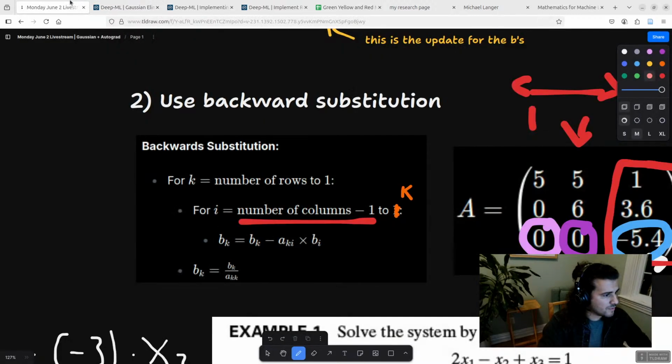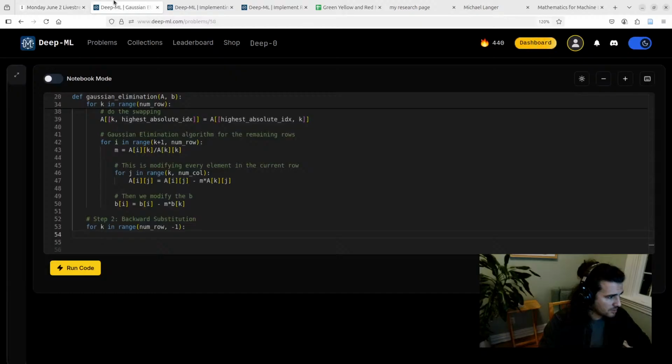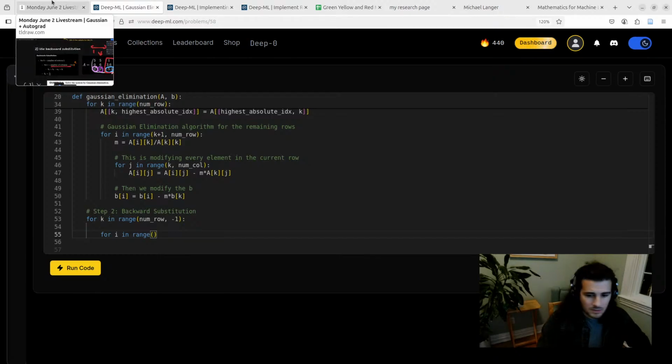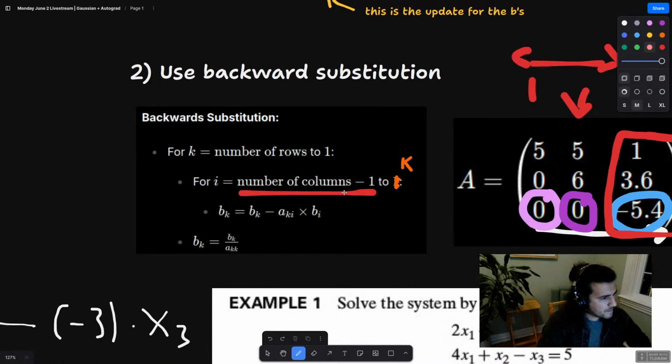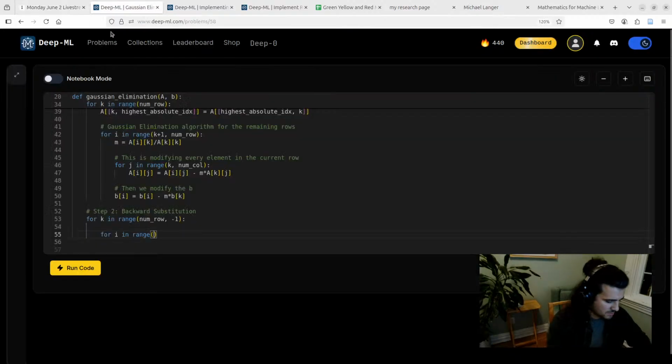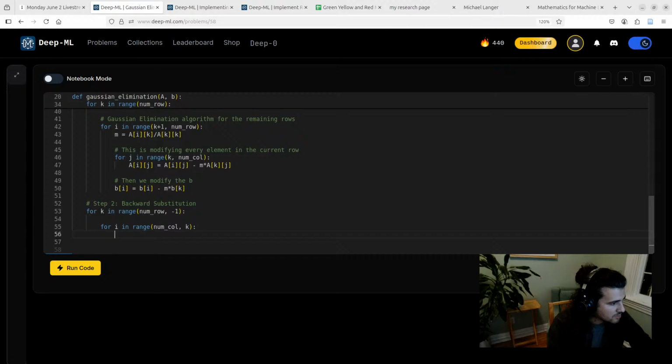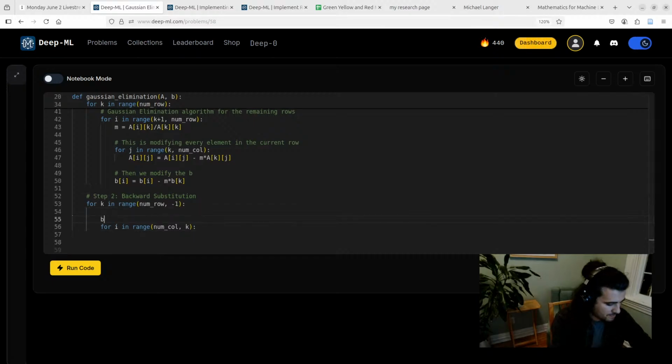We're going in reverse order, and then for i in range num column to k. I do think this is what we're gonna do. And we're gonna do b at k equal b at k, I have to be careful here, b at k equal b at k minus that stuff.